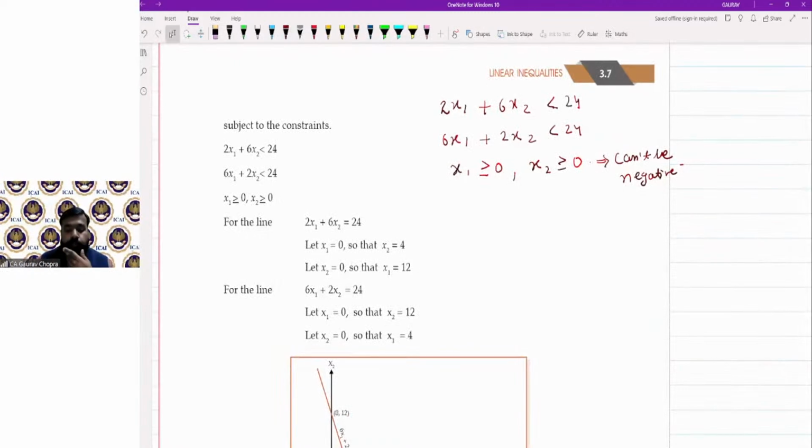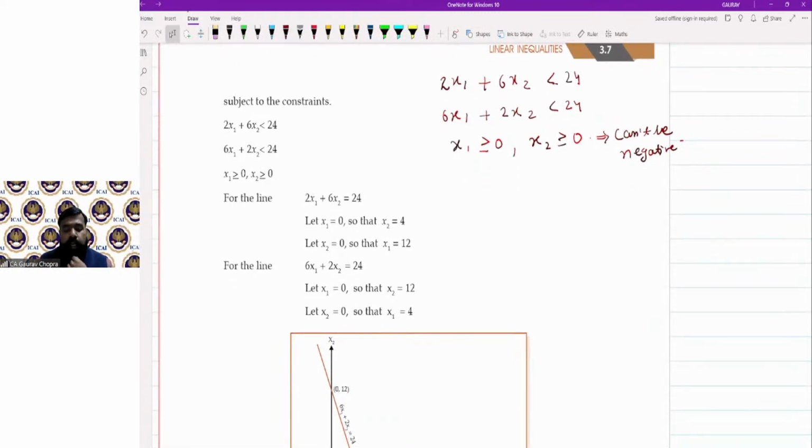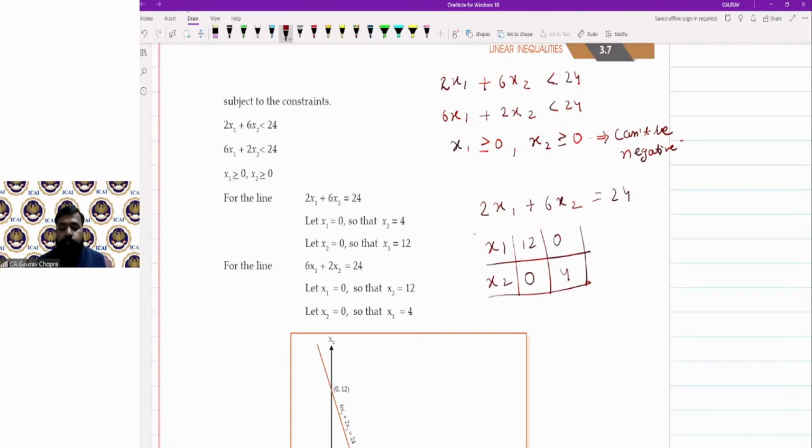Now find the points from these inequalities and then plot on the graph. So the first says 2x1 plus 6x2 equal to 24. Values of x1 and x2: if let's say x2 is 0, x1 will be 12, and if x1 is 0, x2 will be 4.